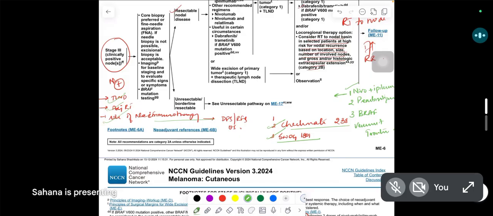Vemurafenib and Trametinib. So here, in any due course of treatment, what you have to remember is that immunotherapy can be given neoadjuvant, it can be given adjuvant, or it can be given as a primary therapy in an unresectable case. Even in the recurrent setting, this is the combination of therapy that is used. So if the patient received one of the modalities in their primary therapy, in subsequent recurrence or adjuvant you will change the therapy.